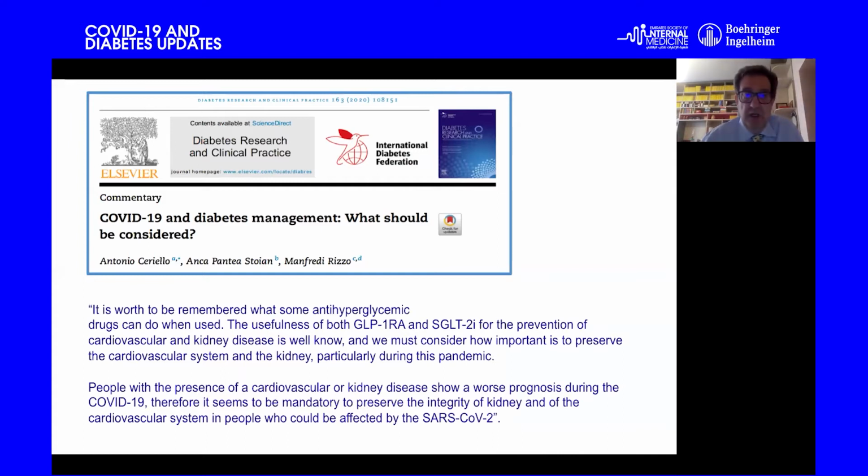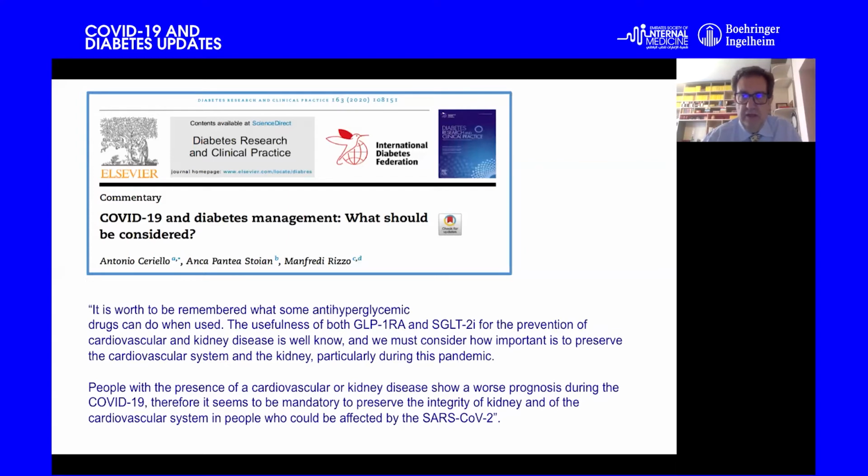For example, it was suggested that the GLP-1 receptor agonists and SGLT2 inhibitors can increase the expression of ACE2, so worsening the prognosis or favoring the infection with the virus. On the contrary, somebody suggested that the use of the DPP-4 inhibitors can be protective against the infection.